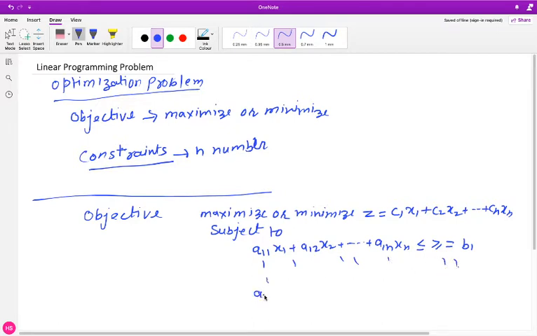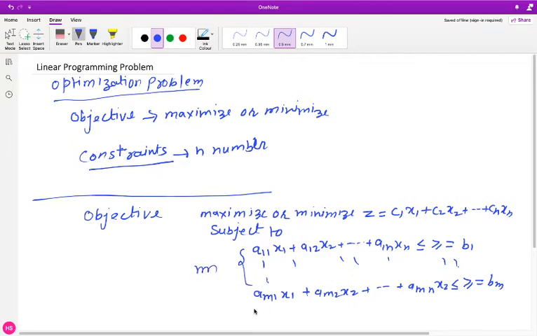The last constraint will look like this: am1 x1 plus am2 x2 plus dot dot amn xn less than or equal to, greater than or equal to, or equal to bm. So here we have m number of constraints.